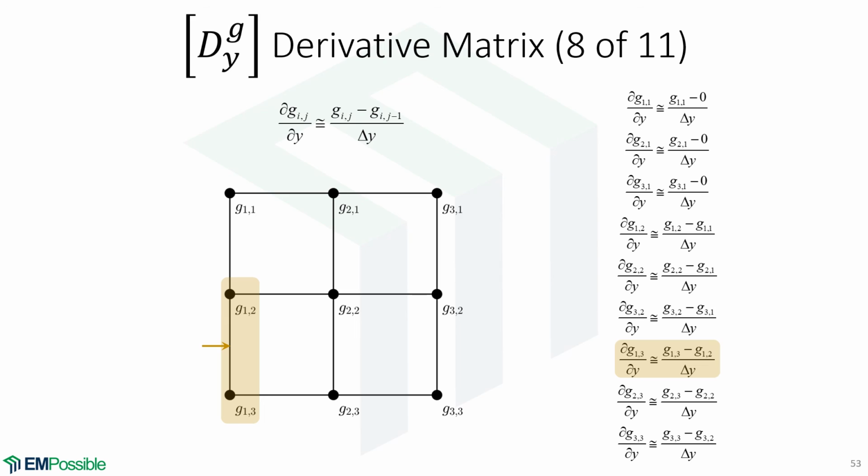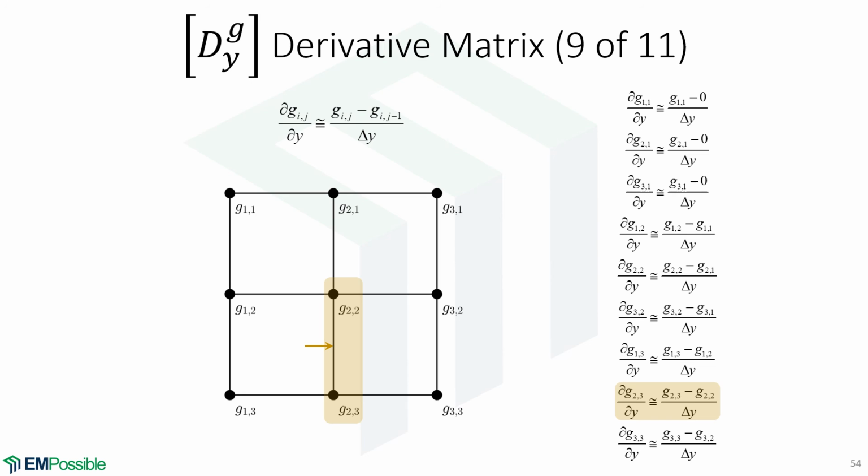Next cell, still no boundary condition problems, another easy finite difference to write. G13 minus G12 divided by the spacing between them, delta y. And that evaluates our first order derivative with respect to y right here at the midpoint. G13 minus G12 divided by the spacing, delta y.